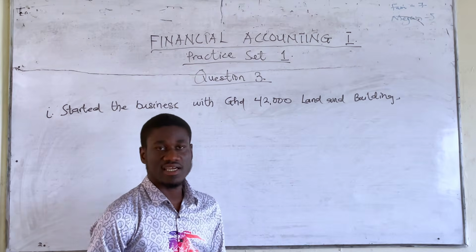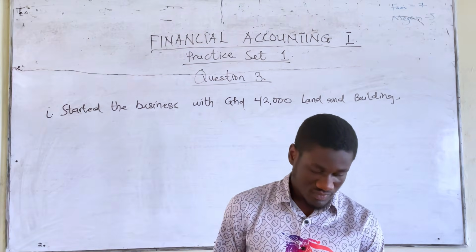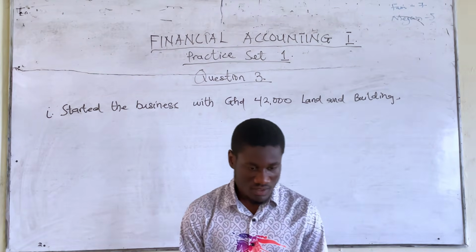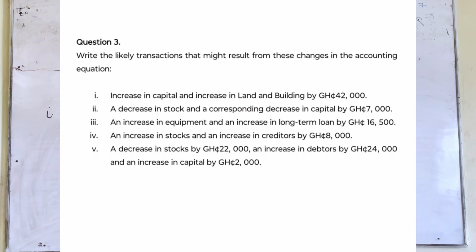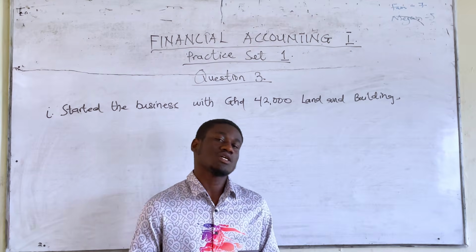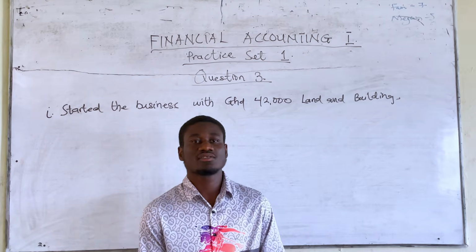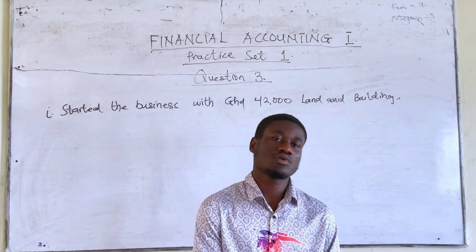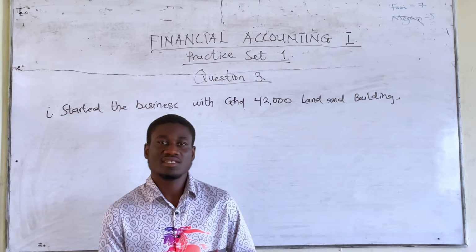So we move to the second transaction. It says a decrease in stock and a corresponding decrease in capital by 7,000. Good. So what will make our capital decrease? As you know, if the owner is injecting or putting money into the business, our capital is increasing.